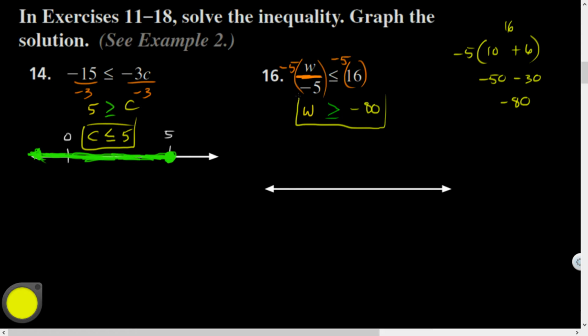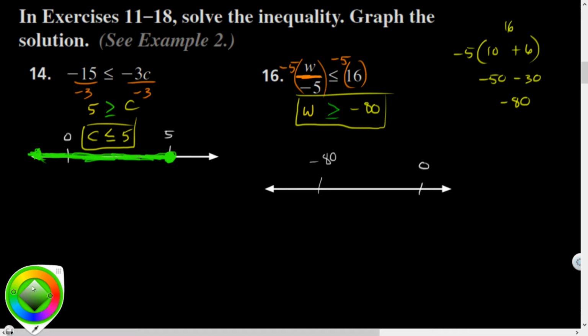So the variable is greater than negative 80, which would be to the left of 0. This distance is so much less than this distance, even though they look the same-ish. And for speed, closed circle shaded to the right. You guys are expert shaders. We'll do some graphing and shading on our mini quiz as well today. That'll be good.